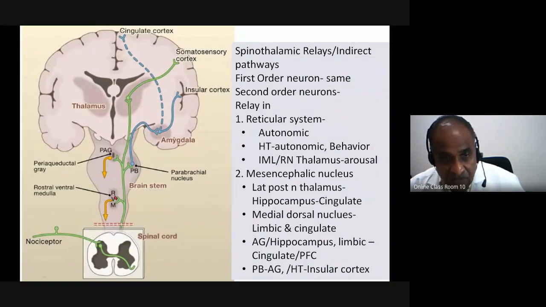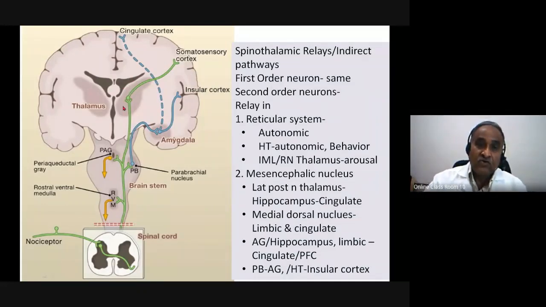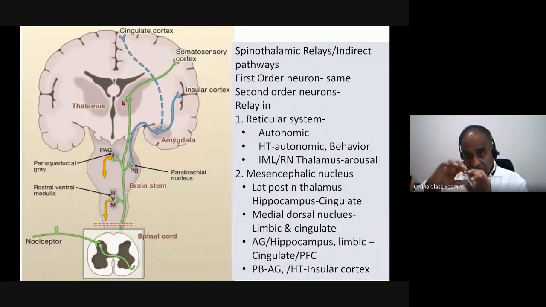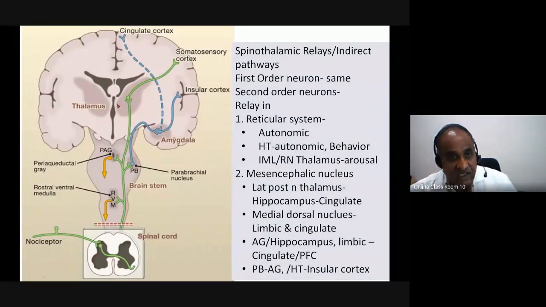From here, there is a reticulothalamic pathway. This reticulothalamic pathway would be relayed onto the reticular nucleus, somewhere here, and then the intralaminar nucleus, that is the internal medullary lamina, that Y-shaped structure. So they will relay there.